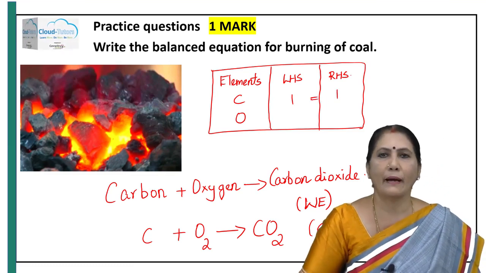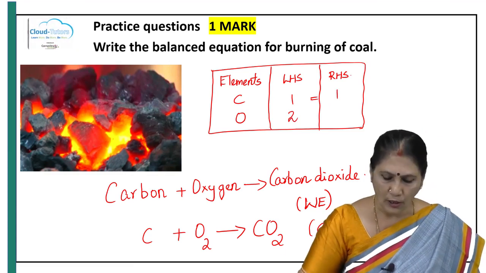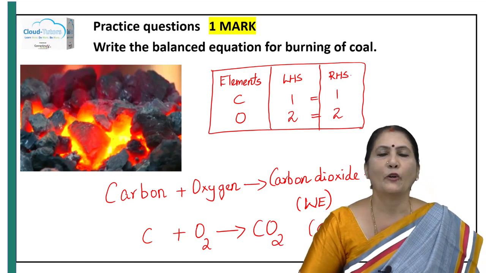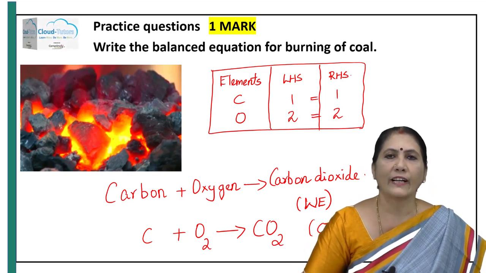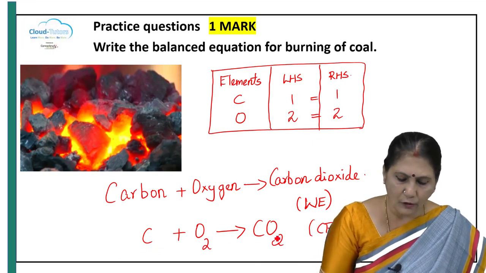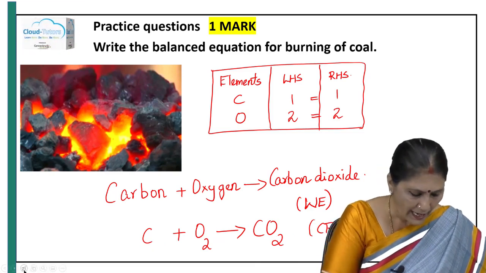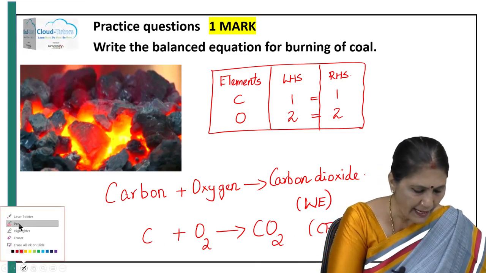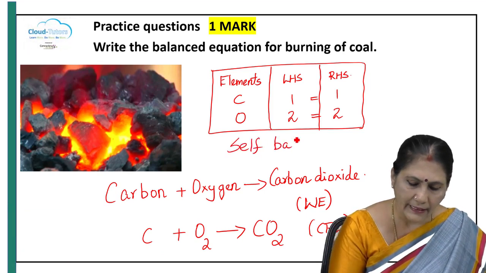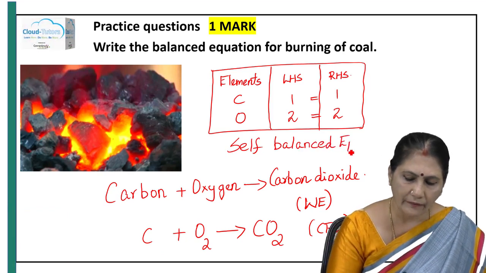They are balanced. Now, oxygen on the left hand side is 2. On the product side, it is 2. That means it is obeying the law of conservation of mass. So, it is always good to call this equation, C plus O2 gives CO2, a self-balanced equation.